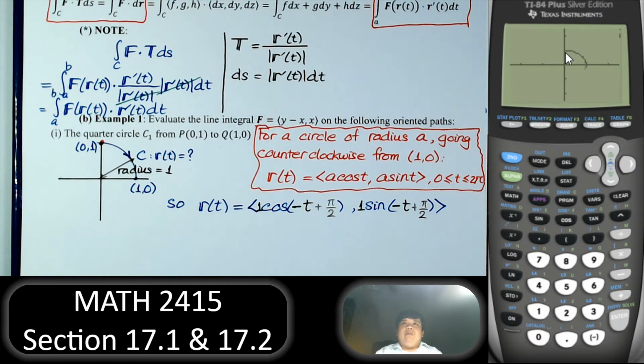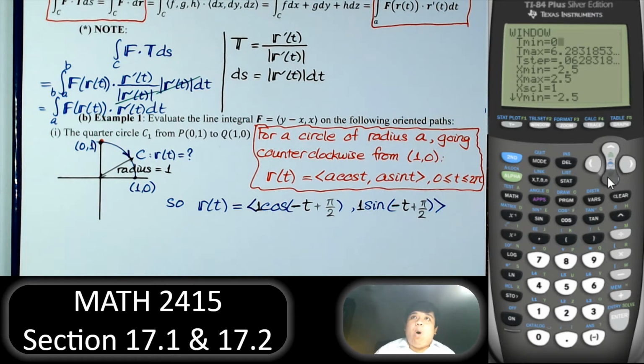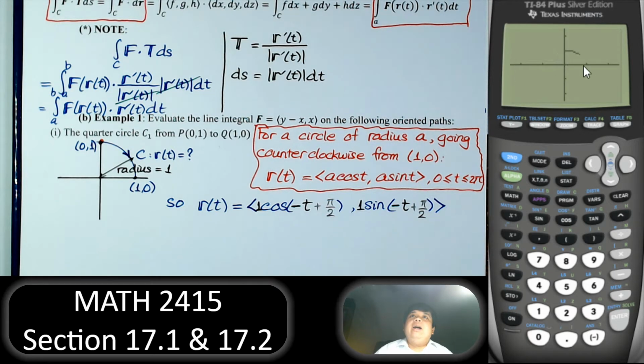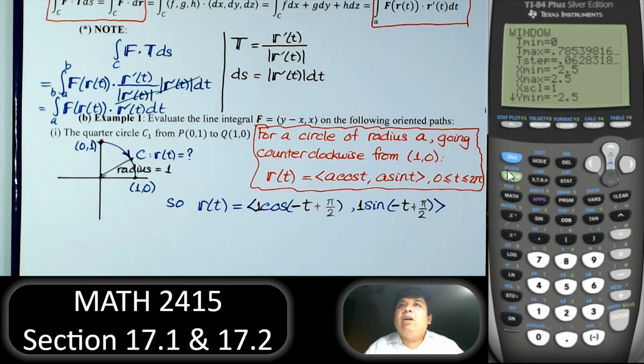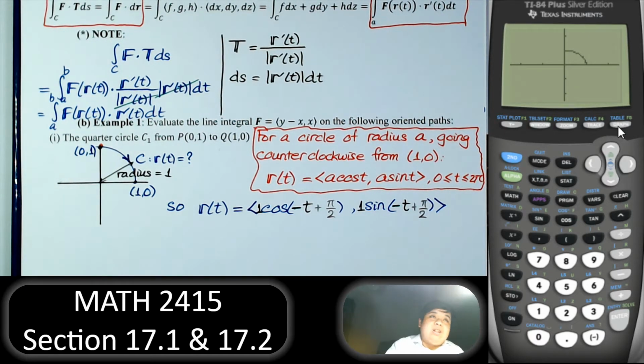So we start from that point here, and we can go from 0 to only pi over 2, because we only want a quarter of a circle, the quarter circle from (0, 1) to (1, 0).